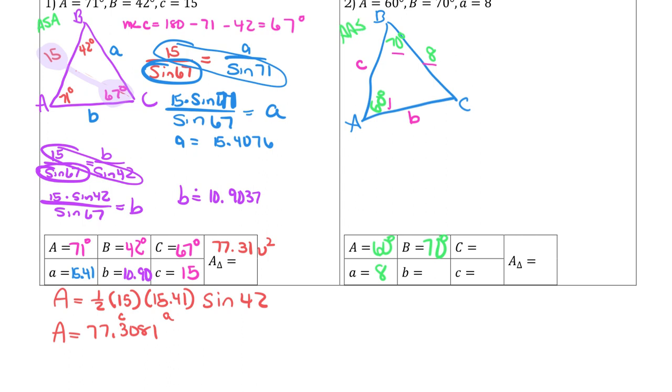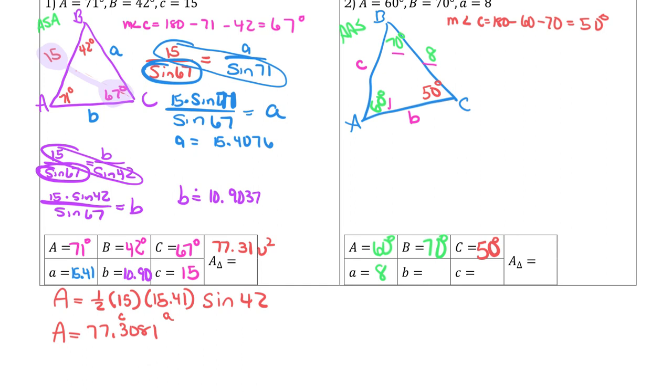The next thing I look for is I've got the missing side I need to find. So I am going to do the measure of angle C is equal to 180 minus the 60 minus the 70, and that gives me 50 degrees. So C is 50 degrees.